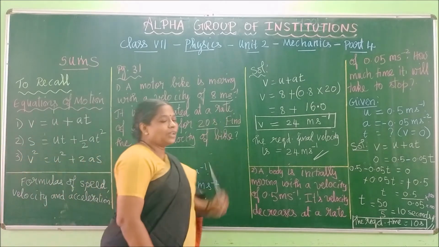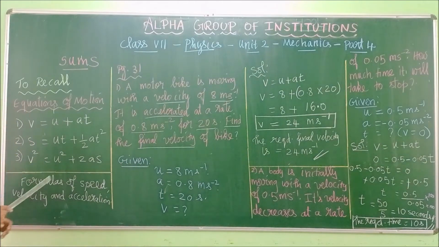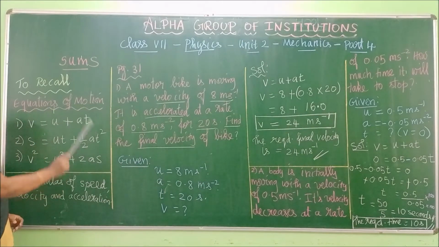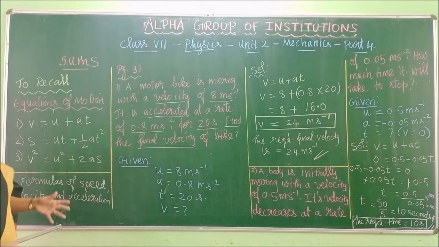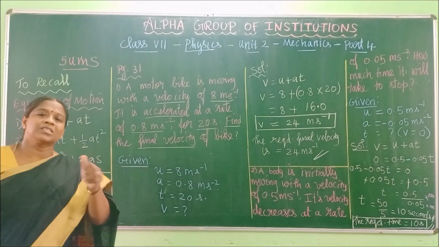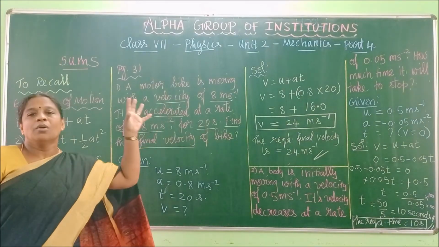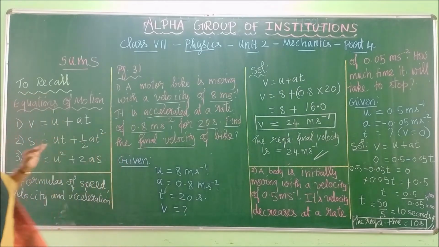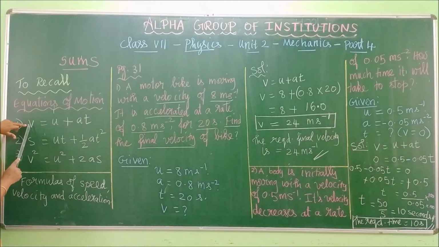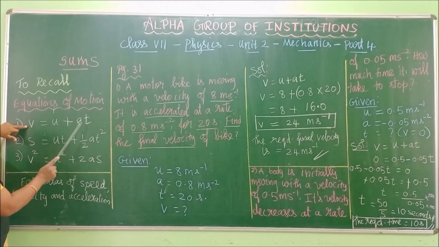Okay. Now when you are using these formulas, children, in the initial stage you will get confusion. There are three formulas. How can we select the best formula to substitute in this particular sum? See here. How many terms are there in the first equation of motion? 1, 2, 3, 4.